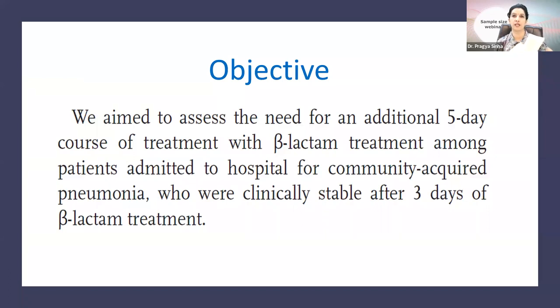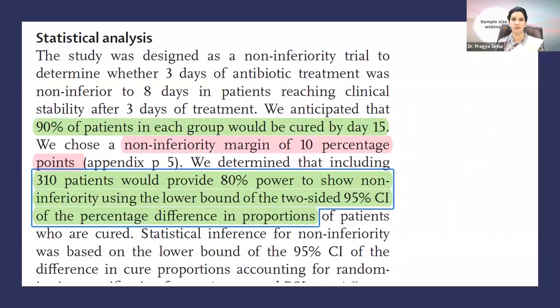So they were asking whether they should give 3 days or 8 days. The study was designed as a non-inferiority trial to determine whether 3 days was non-inferior to 8 days in patients reaching clinical stability after 3 days of treatment. They anticipated that 90% of the patients would be cured, and they took that cure rate the same for both groups by day 15.